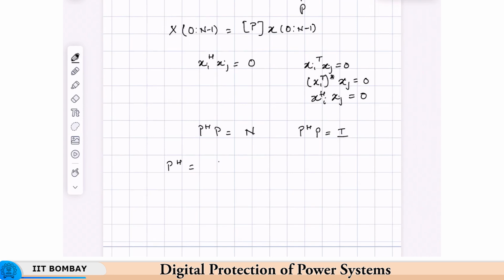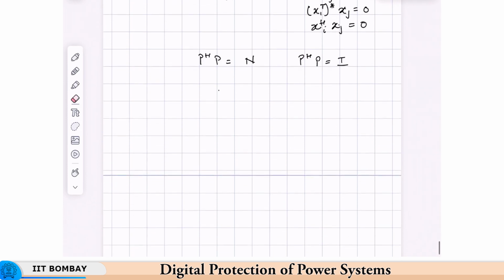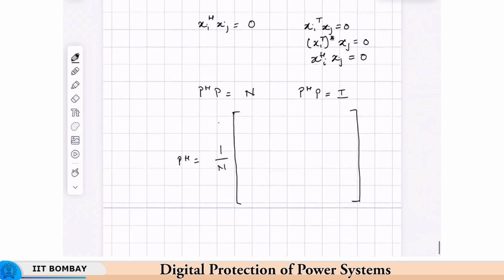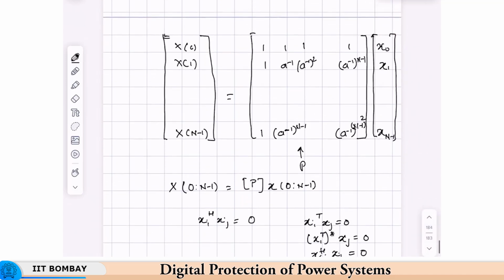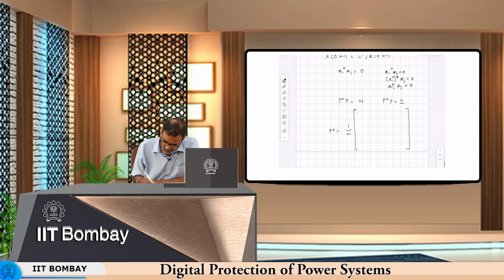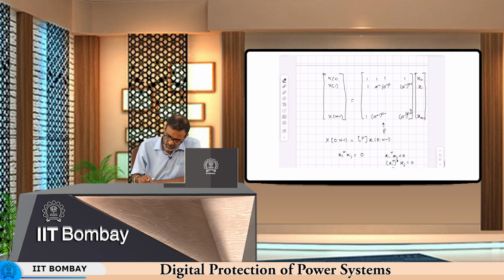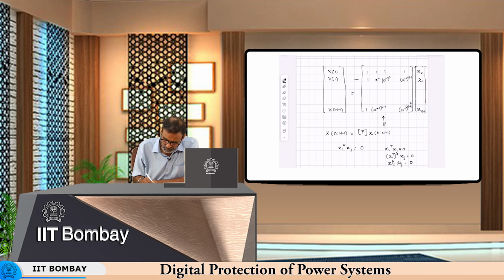P inverse is equal to 1 by n P Hermitian. I will just write it at a more convenient location. So, P Hermitian is equal to 1 by n, and we will first do the transpose. The transpose of this matrix: we write the first row as the first column, 1 1 1 1 1, which is the same, and then this row here will go as the second column.